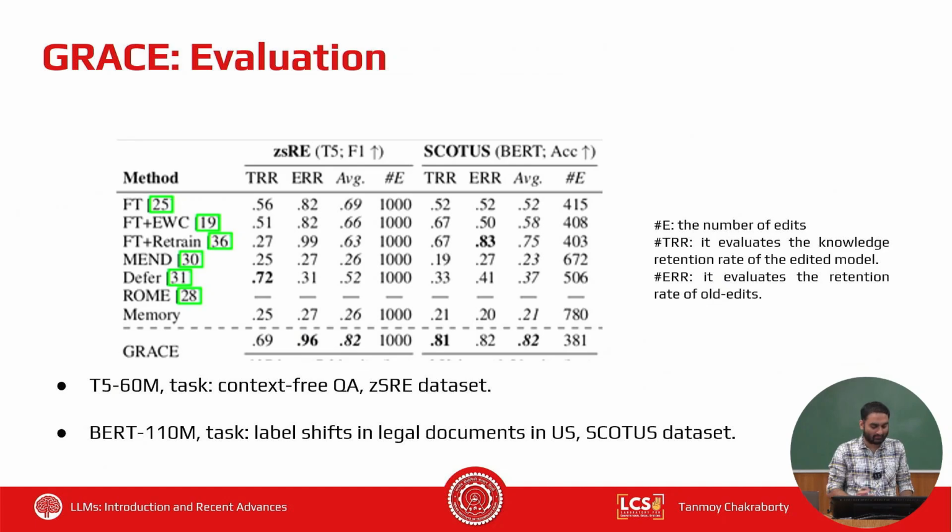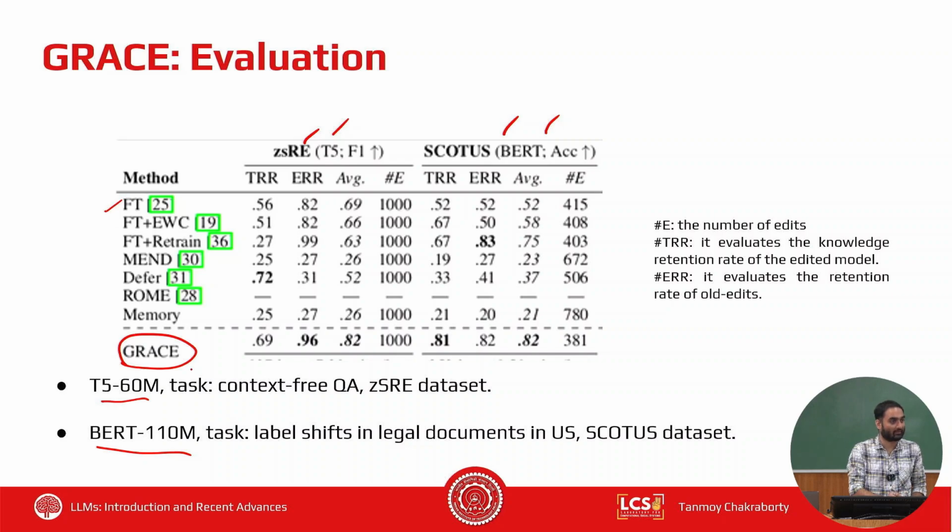Okay. So they tested their method on two different data sets. This is a zero-shot relation extraction data, and this is a legal data, right? So this is their method Grace, and they tested it on T5 and BERT, 110 million size BERT, with full fine tuning.